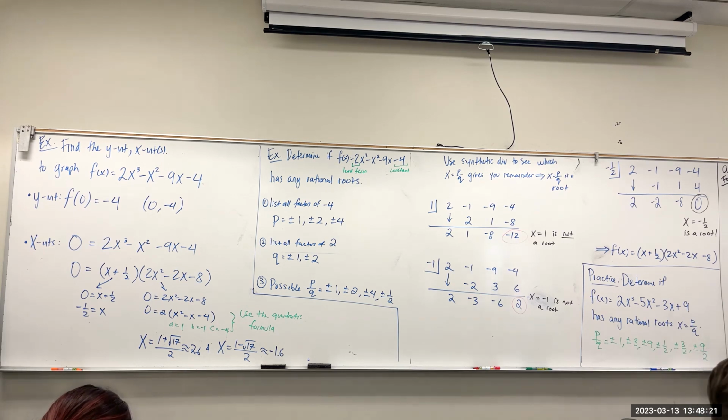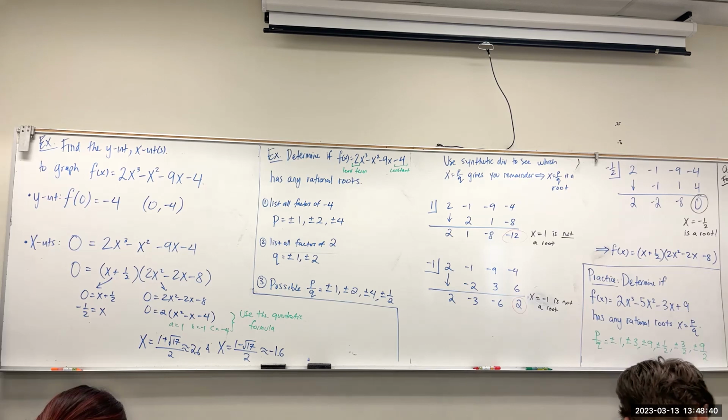It's a fraction one, the one you're avoiding. These are all the possible p's over q's. Two should not be there. So you want to look at, so it's just 1.5.